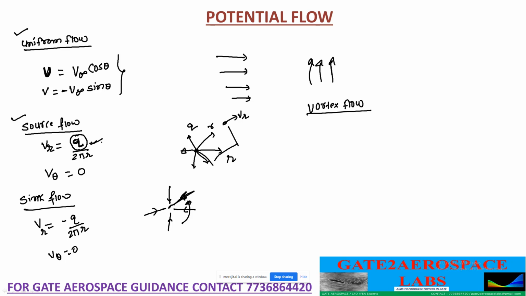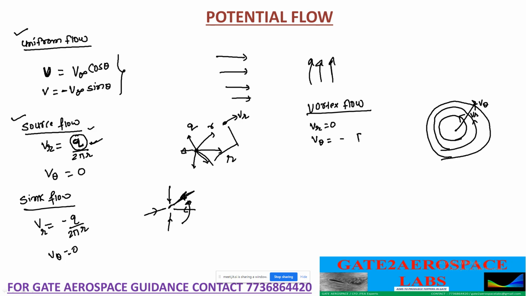Just like source flow, if you see, a vortex flow is something like this. You are moving in this kind of circular path, right? So here you are having v theta, but the radial velocity is 0. In this case, you are having 0 radial velocity, and v theta is given as tau by 2 pi r, where tau is the strength of vortex.